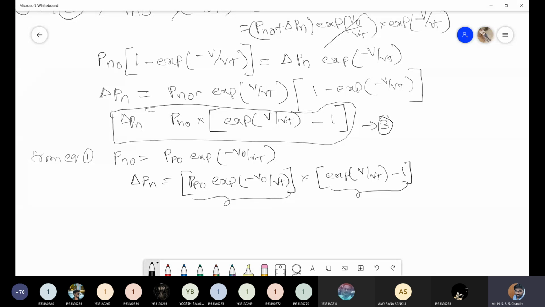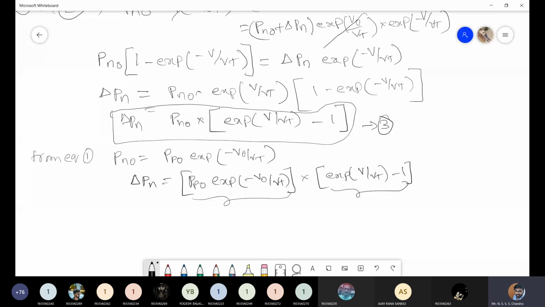And then you have in the exponential minus V naught. V naught is a constant for a given material, your open circuit contact potential. And then you have Vt at a given temperature. If the temperature is constant, your Vt will be constant. For example, at room temperature, it is equal to 26 millivolt.